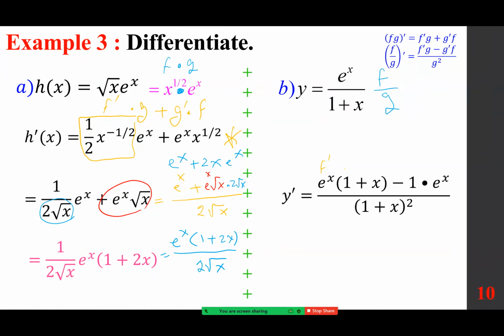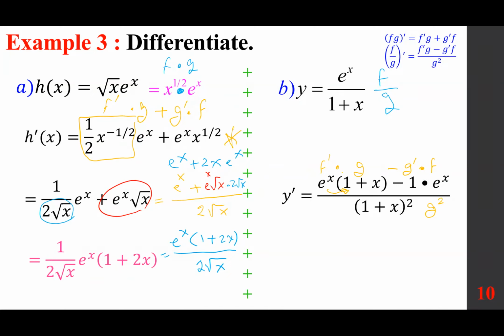So I'm going to put at top of it, this is f prime g minus g prime f, and the denominator is g squared. We are going to distribute e to the power of x over the parentheses, it gives us e to the power of x plus e to the power of x times x.